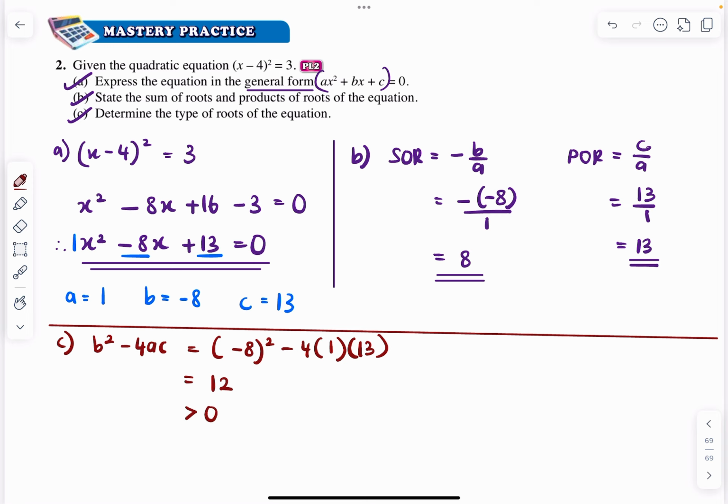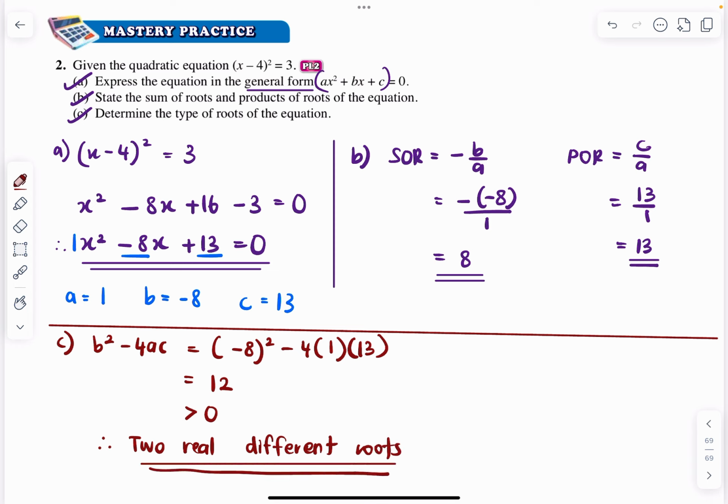So if it's more than 0, the roots are 2 real different roots. Okay, because if it's more than 0, the graph would look like this, where you get 2 different and real roots. That's it. Done.